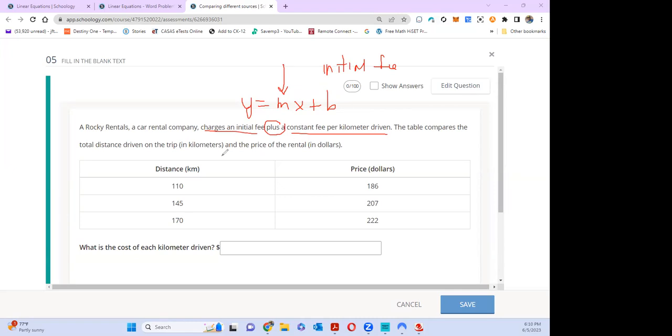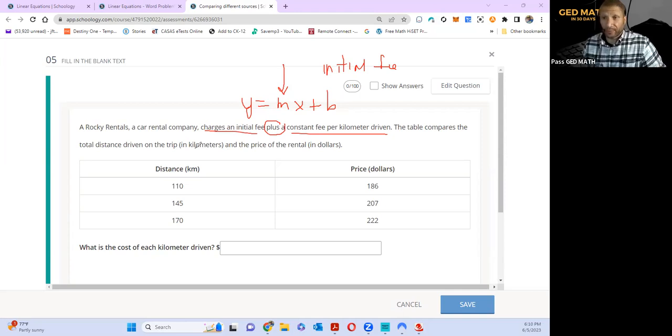The second thing to realize is they gave you a table, and a table shows multiple points, just in a different way.